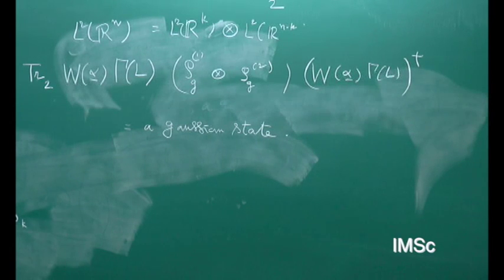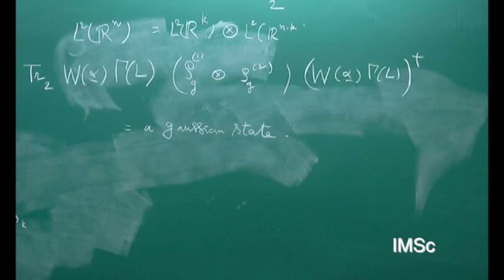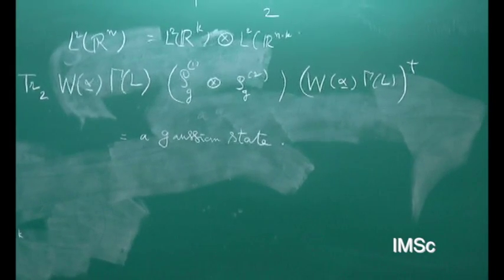So, fifth property: coherent states are Gaussian.